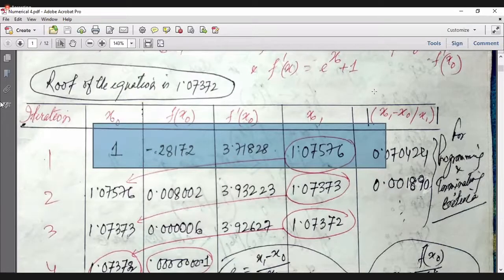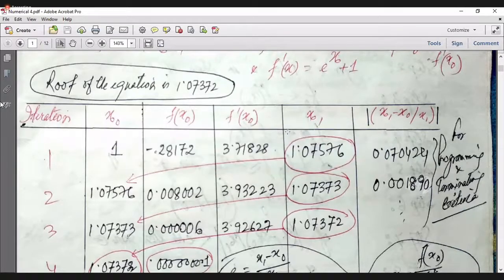Using this x naught, we find x1. For the next iteration, simply the value of x1 will be assigned to x0. Then we are going to calculate the new x2 again. Now this will be our new value of x0.